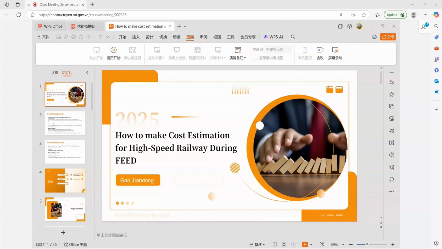In China, it has participated in more than 70% of railway and high-speed railway projects, and more than 60% of urban transit projects.